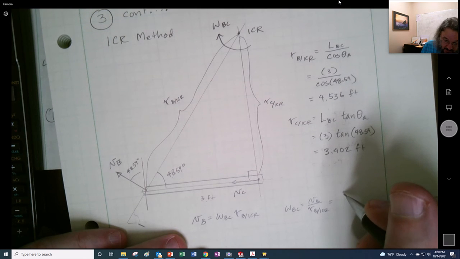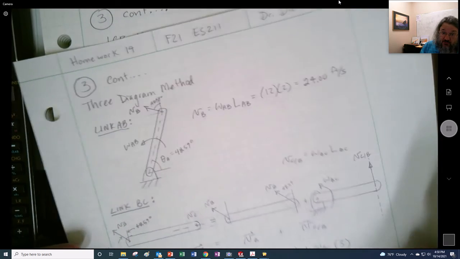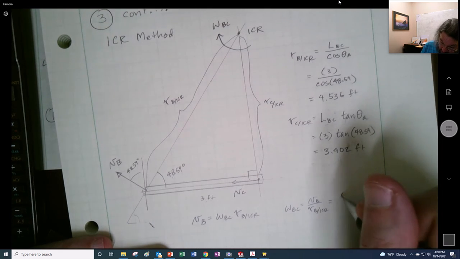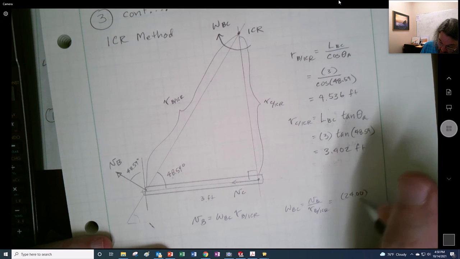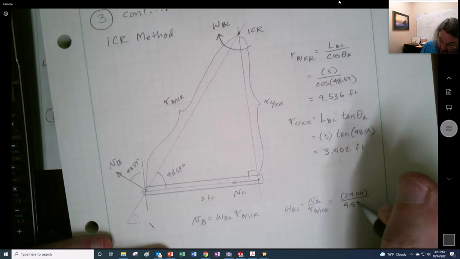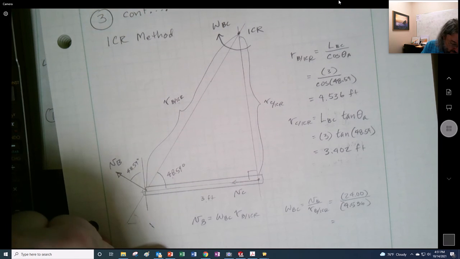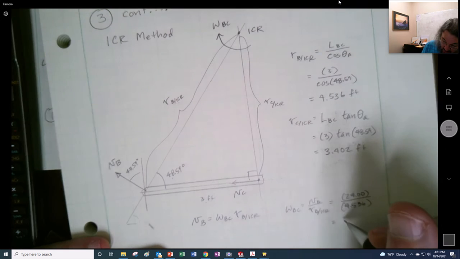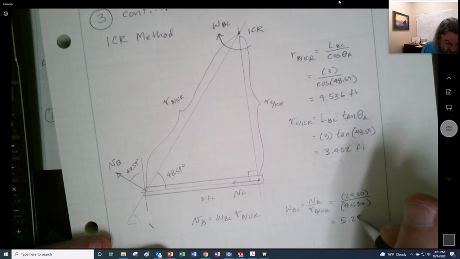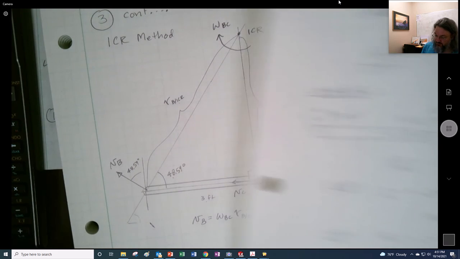We assumed we had that, so that was the 24 that we had already, divided by 4.536. So 24 divided by 4.536, and I get 5.292 radians per second, which is in agreement with all the things we found previously.